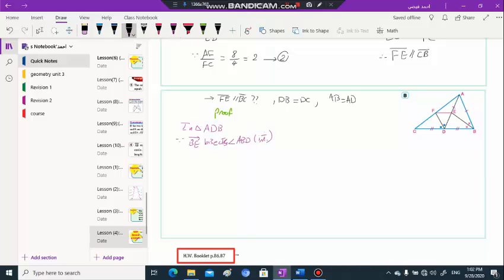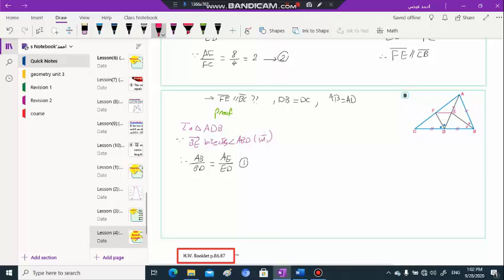therefore AD over DB equals AE over EB, and this is number 1.